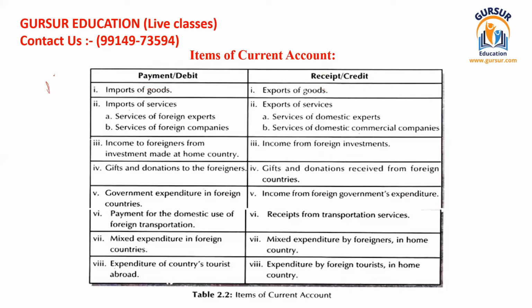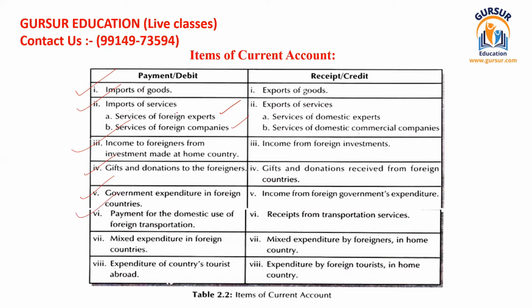You can think of it as a profit and loss account. The payment side includes import of goods, import of services, income to foreigners from investment made by you, gifts and donations given, and government expenditure in a foreign country.